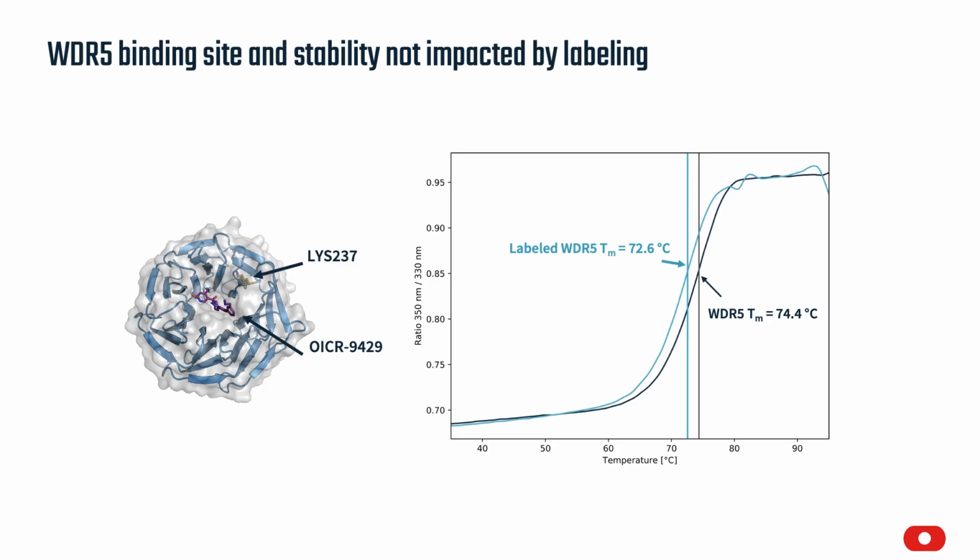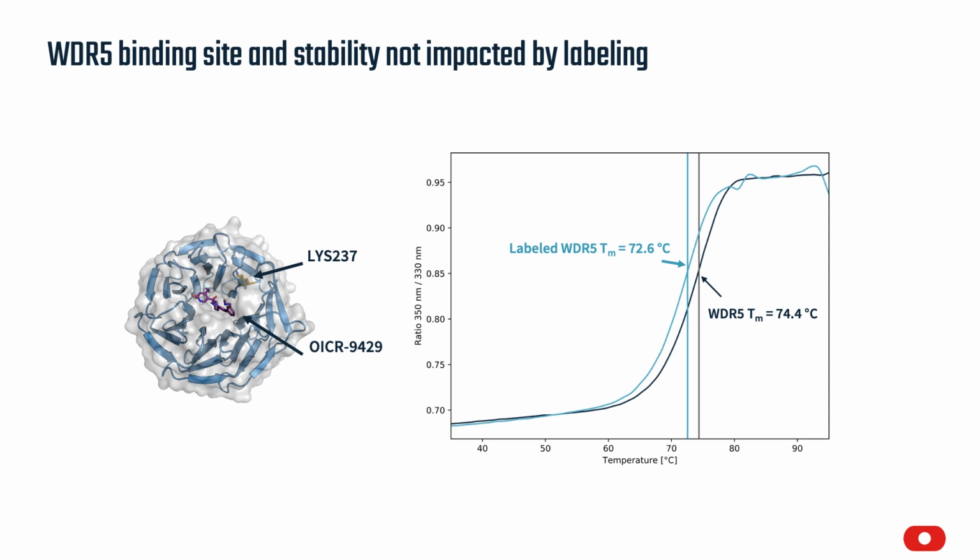Before showing you some of the Dianthus data, I would like to talk about the use of the red dye for the fluorescence-based measurement. Using WDR5 as the example here, we used our NanoTemper red NHS labeling kit to covalently label the protein at the free lysine residues.